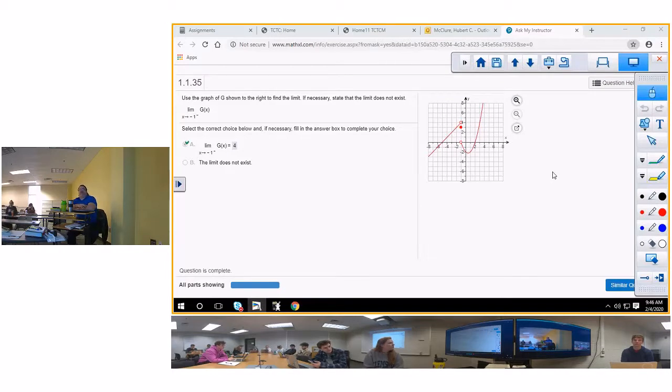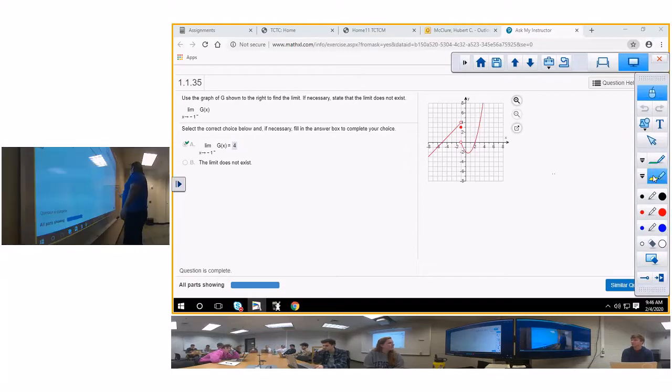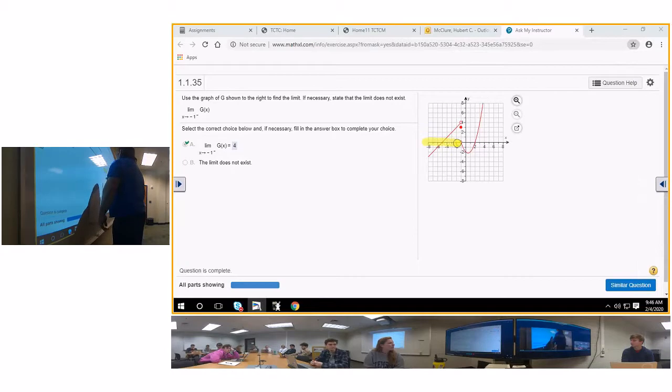Use the graph of G shown to the right, find the limit as X approaches -1 from what side? The left. So what you're going to do is take your handy dandy highlighter and approach -1 from the left.